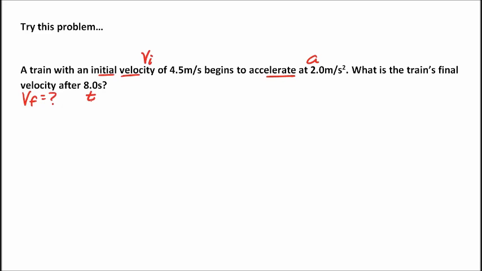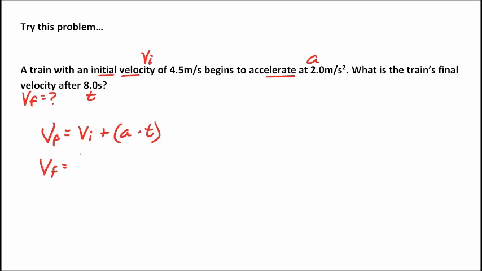So obviously with the information we have here, since we're looking for final velocity, we need to set the equation up. V sub F equals, and the equation we're going to use is initial velocity plus acceleration times time. Just like that. Now go ahead and plug some numbers and units in it, and it looks like this.